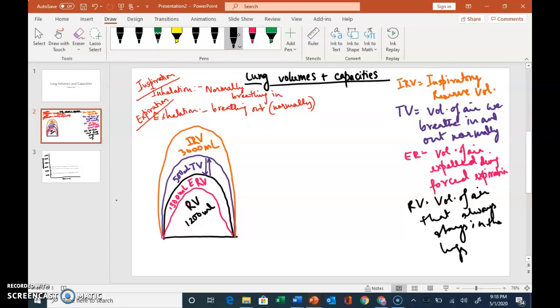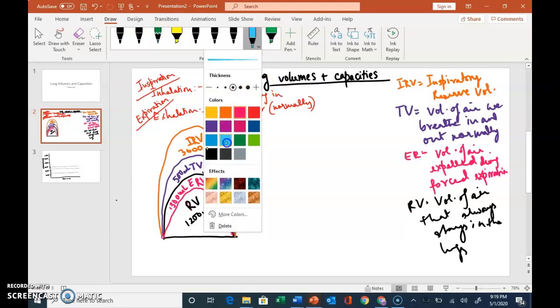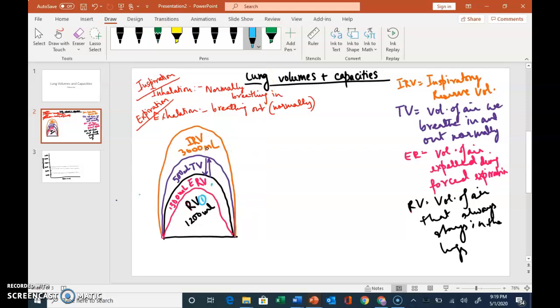Okay, now, so these are the 4 volumes. We will talk about 4 volumes and 4 capacities. So again, residual volume, ERV, TV, and IRV. Now talking about capacities, let's talk about this. Everything added together, let me label these as 1, 2, 3, and 4.